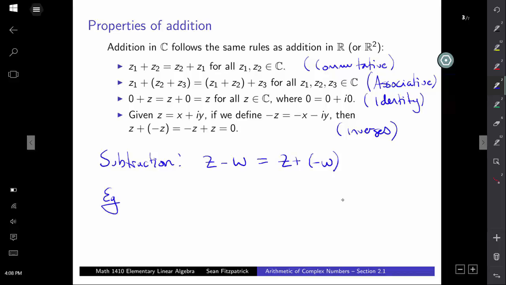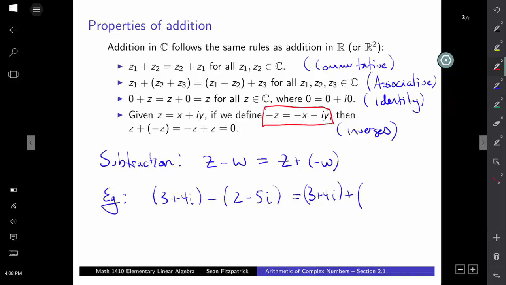So, for example, if I wanted to do 3 plus 4i and I wanted to subtract off 2 minus 5i, I would say, okay, well, that's 3 plus 4i. So I turn the subtraction into addition. The negative of 2 minus 5i, it's defined here.